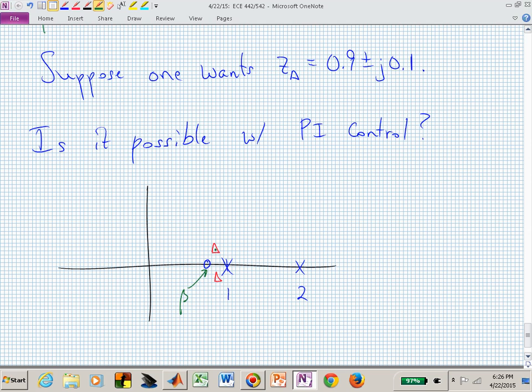Always. Magnitude condition and phase condition. Poles at 1 and 2 are fixed. Once we've said we want triangles at 0.9 plus and minus j0.1, we know exactly the angles that those two contribute. We now want to know, is it possible for that zero to contribute an angle such that all of those sum algebraically to minus 180 degrees?